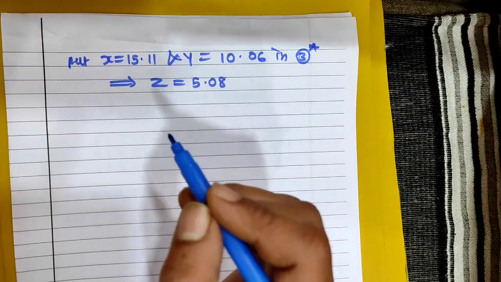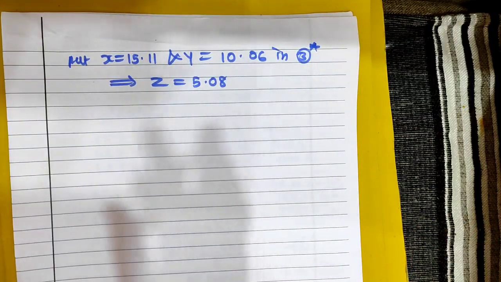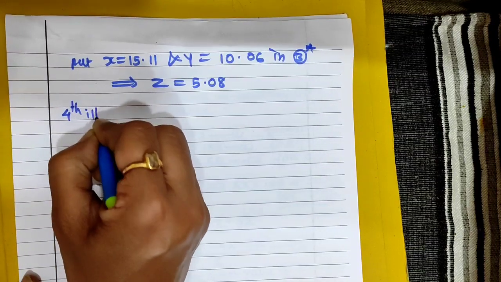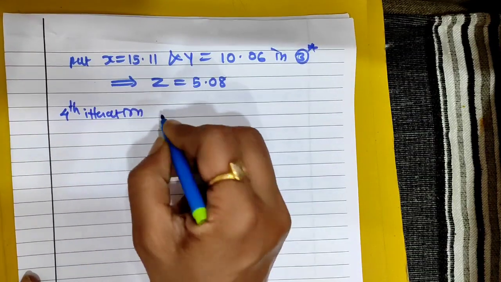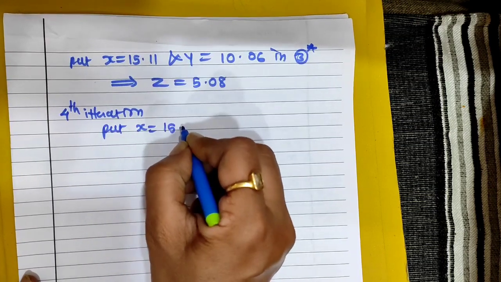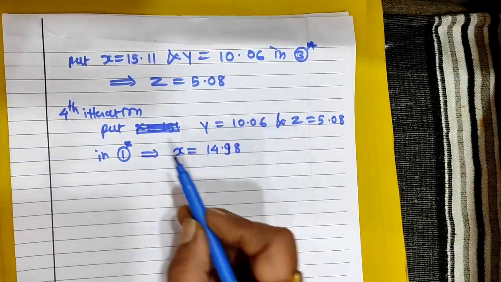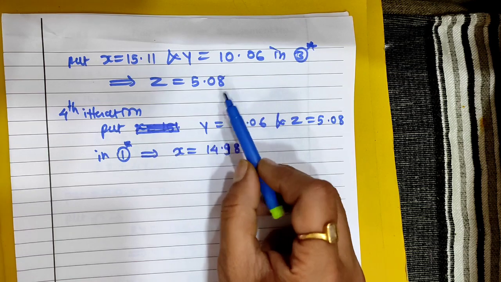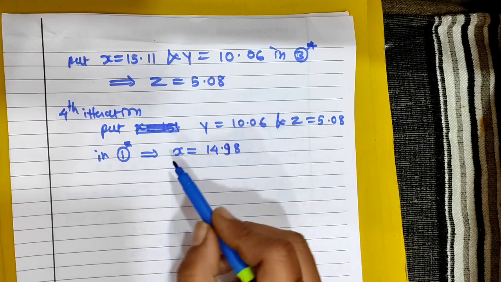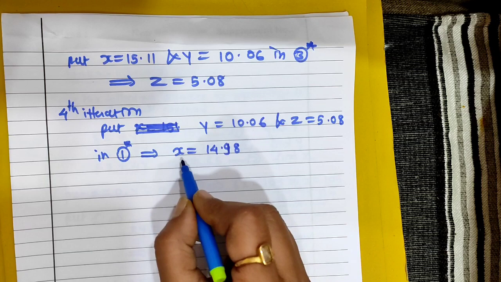We have to carry on these iterations until we get a constant value. So, fourth iteration. Again we have to put x equal to 15, and the latest value of y, 10.06, and z equal to 5.08 in equation 1 star, the previous equation, so that we get the value of x.